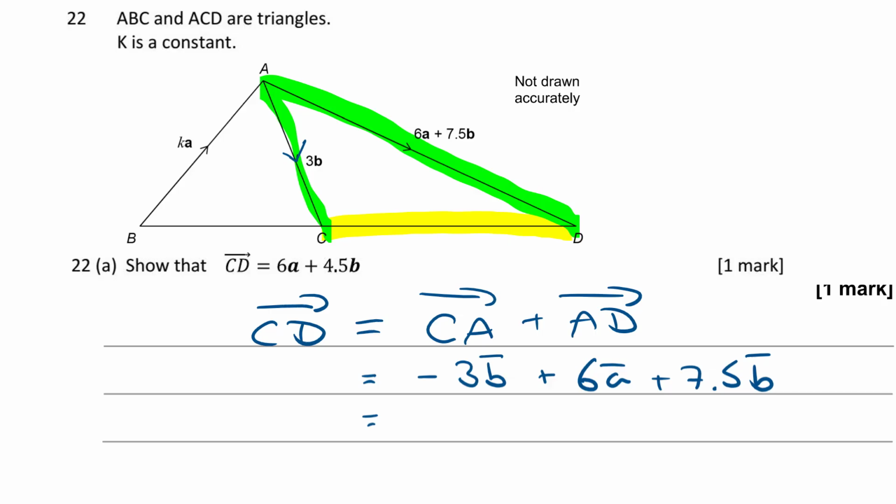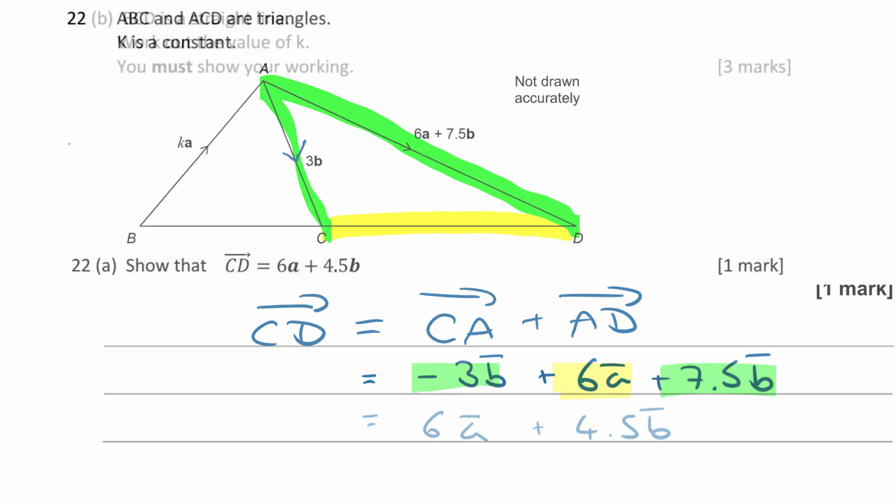So we've got one term in vector a, and we've got two terms in vector b. So that's going to give me 6a plus 7.5b subtract 3b is 4.5b as requested. Okay, so 6a plus 4.5b, we've shown it.